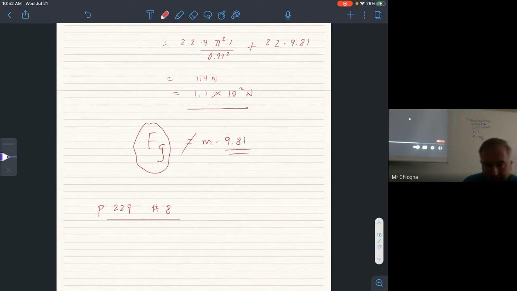Again, I wouldn't give you these values like he did. They're in your data book or your table of constants.